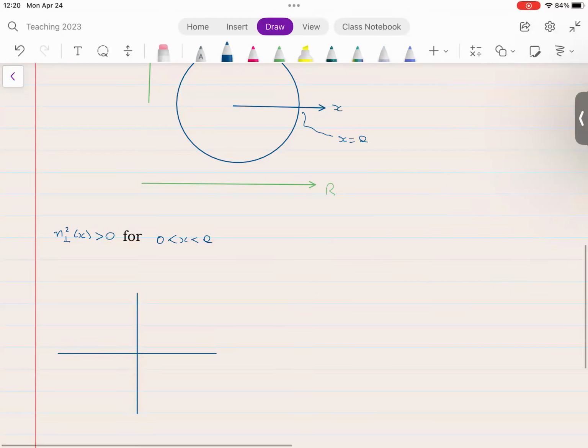If here I have k parallel and here I have the norm of the electric field, it's going to have to look something like this.